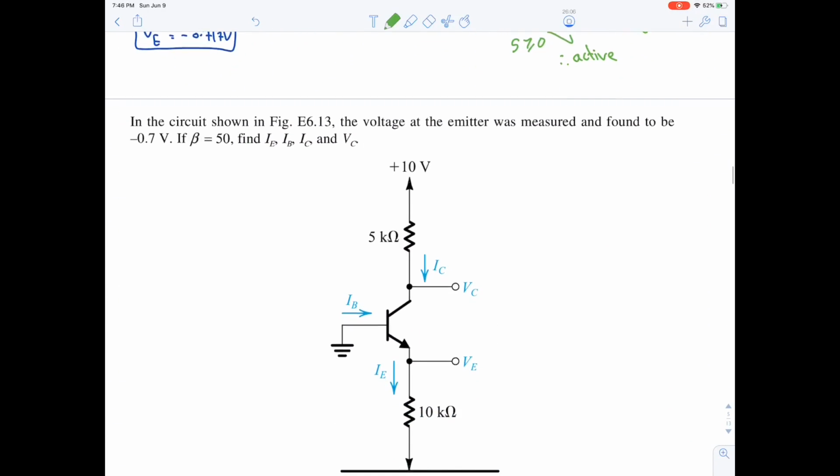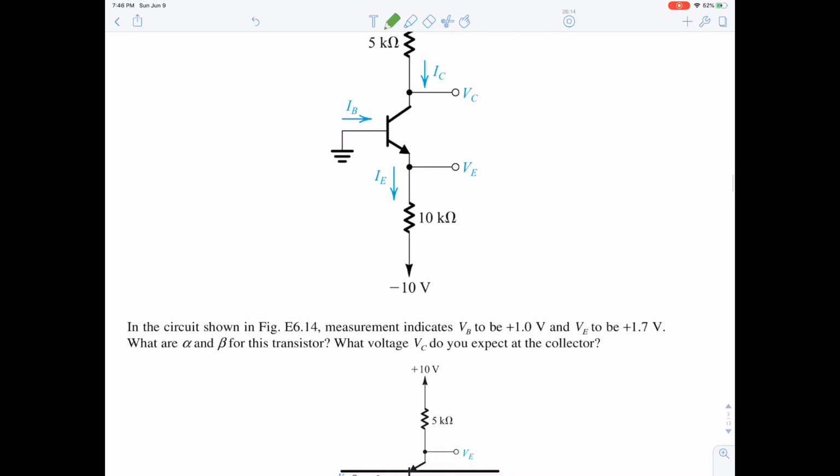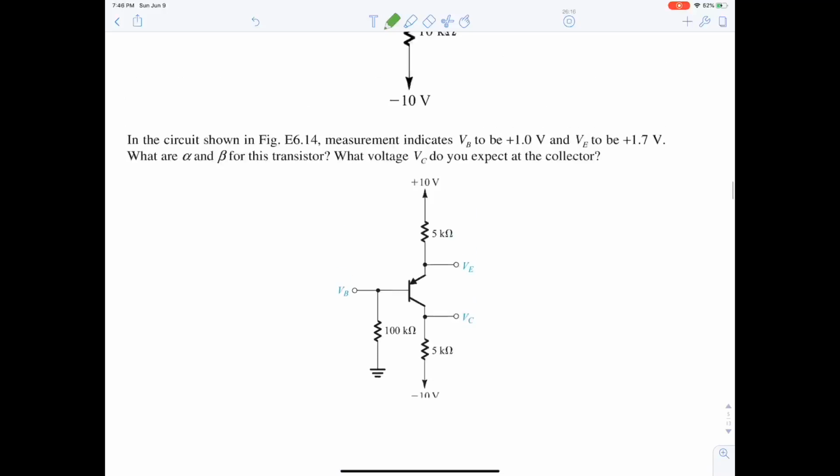Let's move on. In the circuit shown in the figure, let's forget about the figure. I want to delete this.